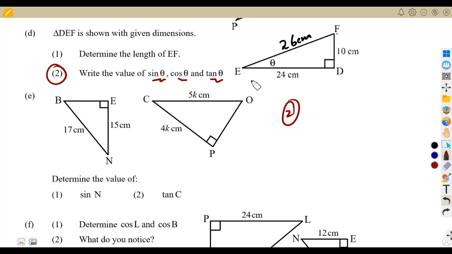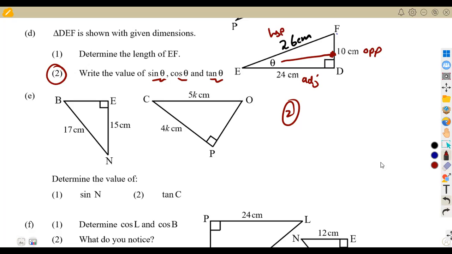We talked about that. Our sides are named according to the angle that you're given. So according to this theta, this side is the opposite. It is facing theta. So we've got the opposite, all right? According to this theta, theta and 90 degrees are sitting on the same line. They are adjacent to each other. So this is the adjacent, and always facing 90 degrees, which is the longest side, is the hypotenuse in this case.